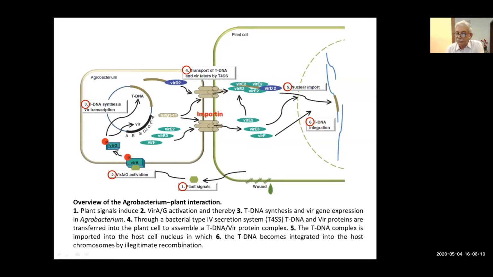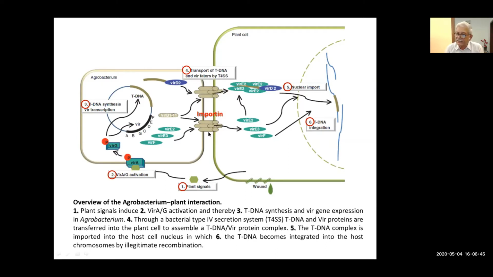And then if you remember, VirD2 is the one which gives a single-stranded cut in the Ti plasmid, generating a single-stranded T-DNA, okay, between the left and right borders. And this T-DNA then moves into the plant cell through a set of proteins. These proteins are not made as a result of these virulence genes, but they are usually associated with most gram-positive and gram-negative bacteria.